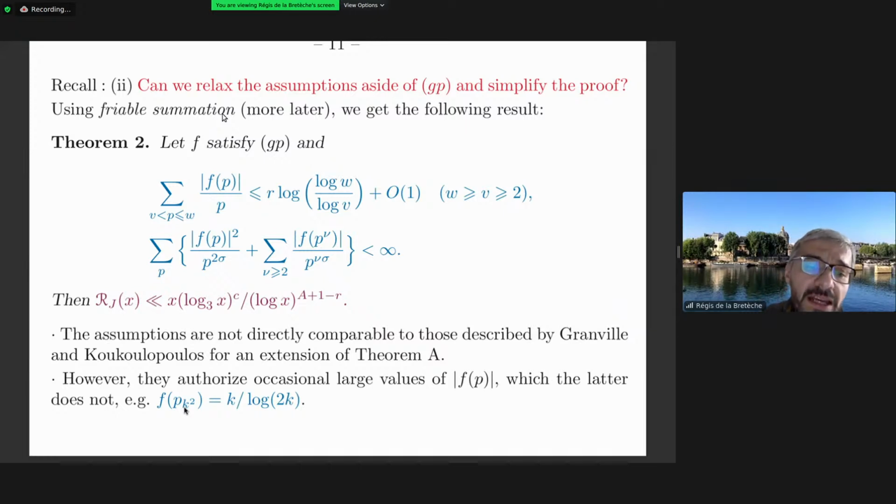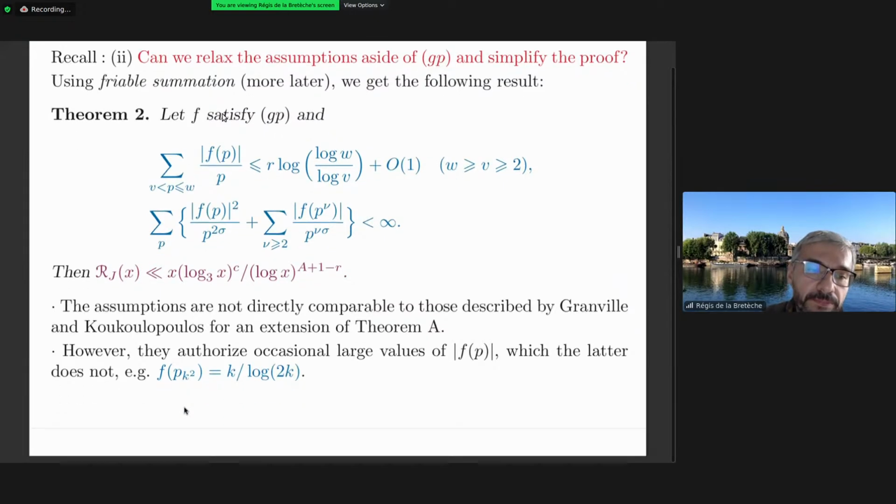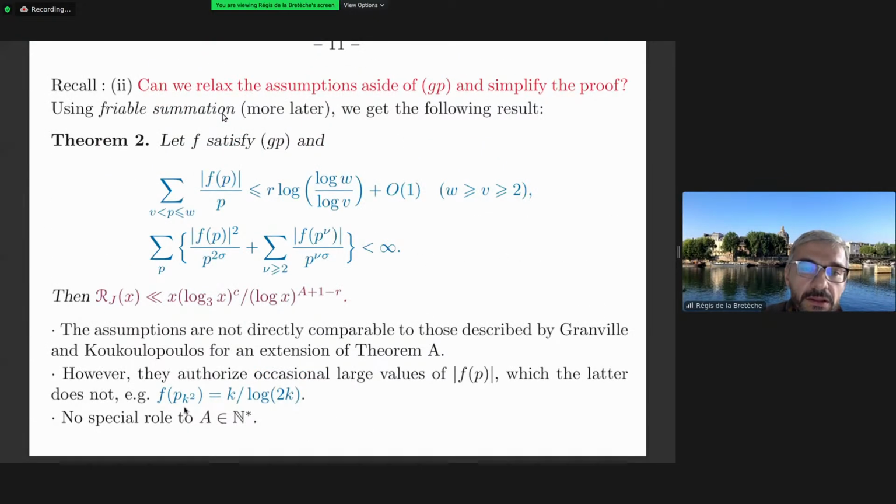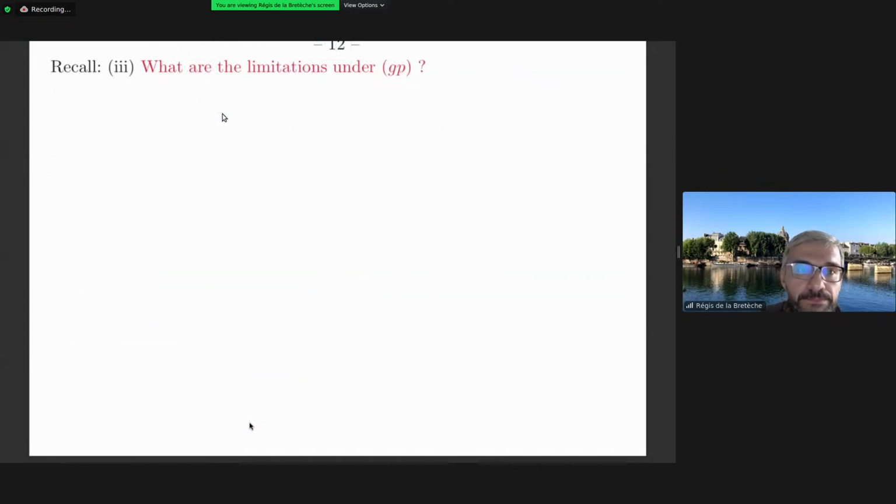So a very large value, but for very few primes. And please note that the case where A is an integer plays no special role.